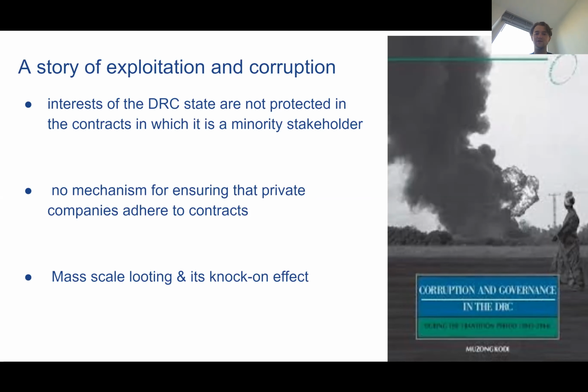So it's important to note that when we talk about FDI and international companies exploiting the DRC, it's not just necessarily Western companies. It's also other companies set up in Africa, in Rwanda and Uganda, that basically just stole these resources and used them for their own benefit.